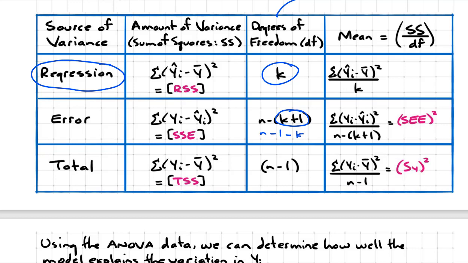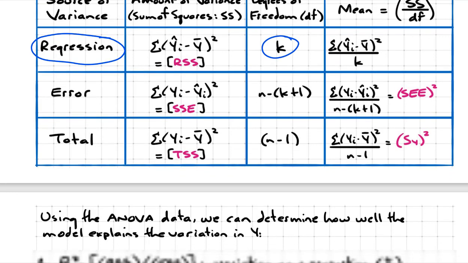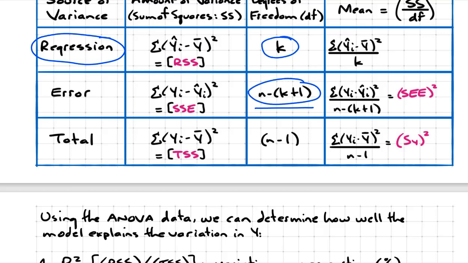So again, you have to take into account how many independent variables there are in the regression. And then finally, for the total sum of squares, you can think of it this way, you're just adding these up. So if you add up the regression plus the errors, it just equals n minus 1, because then the k's would cancel out. You got a positive k here, negative k there.